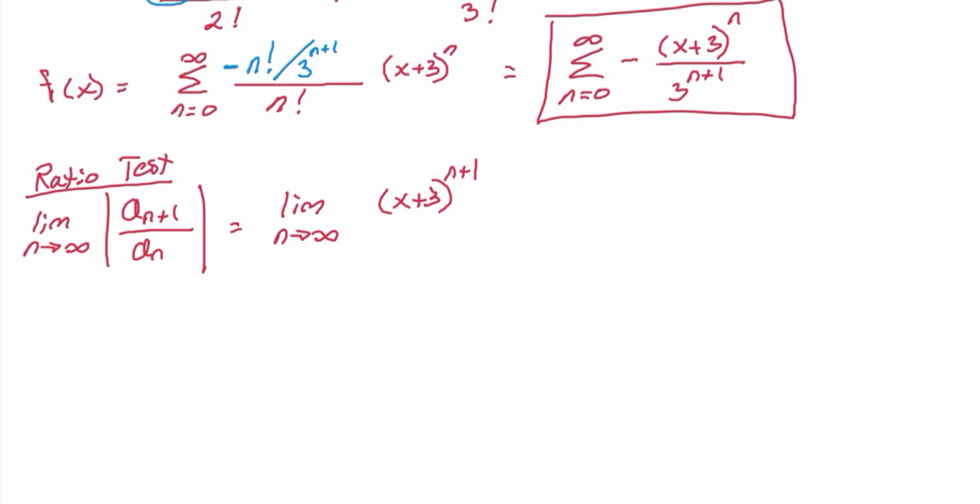I'm going to ignore the negative since it's in absolute value. It's going to go away. And then in the denominator, we have 3 to the n plus 2. And all of that is divided by the current term, x plus 3 to the n divided by 3 to the n plus 1.